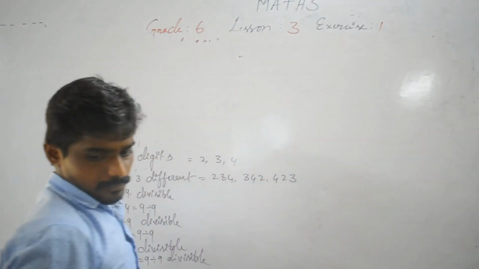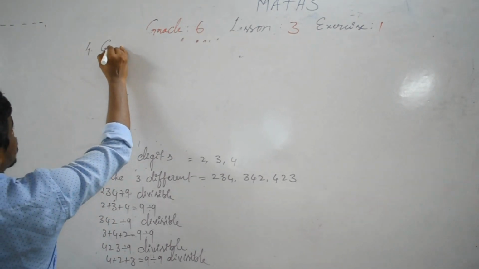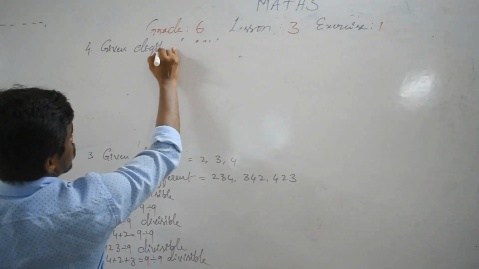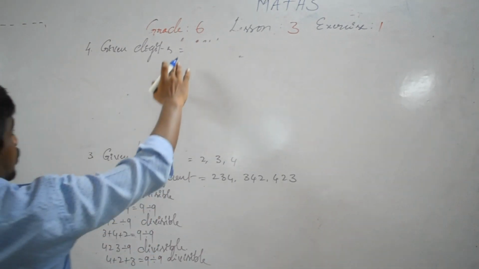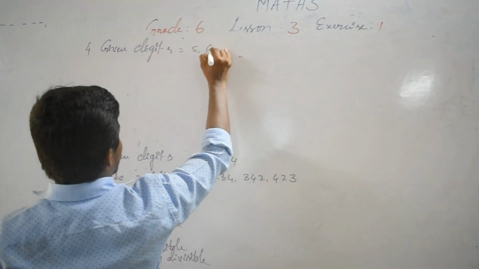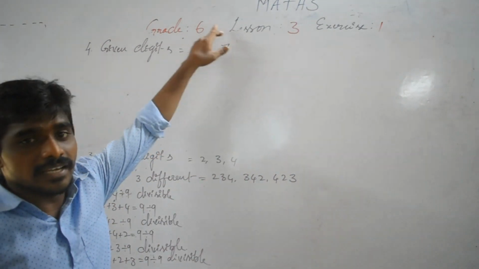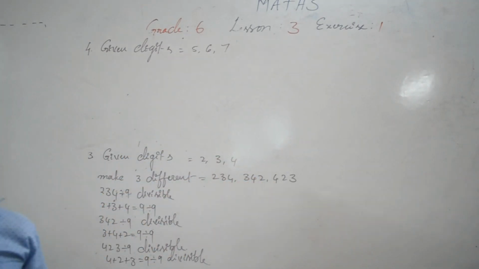So fourth one, what are the given digits? 5, 6, 7. Here 3 digits are given, but they are asking you to create 2-digit numbers using them, and check whether those numbers are divisible by 2, 3, 5, 6 and 9.